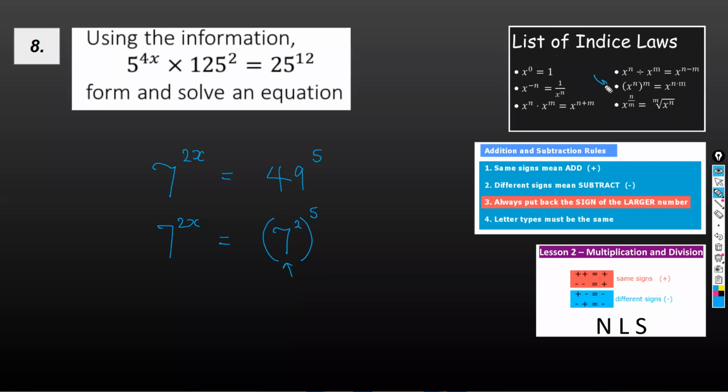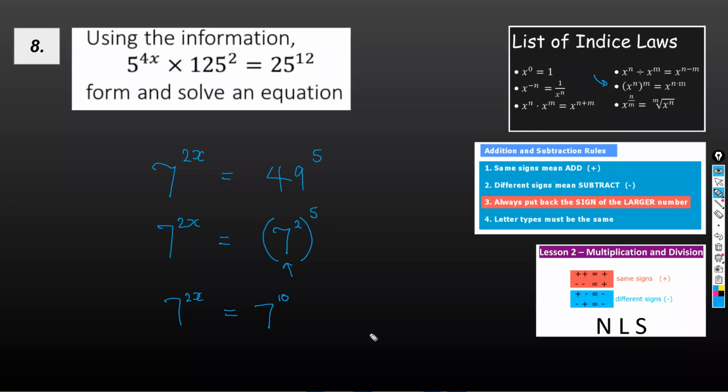Remember last week I told you, when powers are separated by brackets, it's okay to multiply the powers. The dot means multiply. So I can simplify this to 2 multiplied by 5, which is what? 10. Can I now put the powers equal to each other?